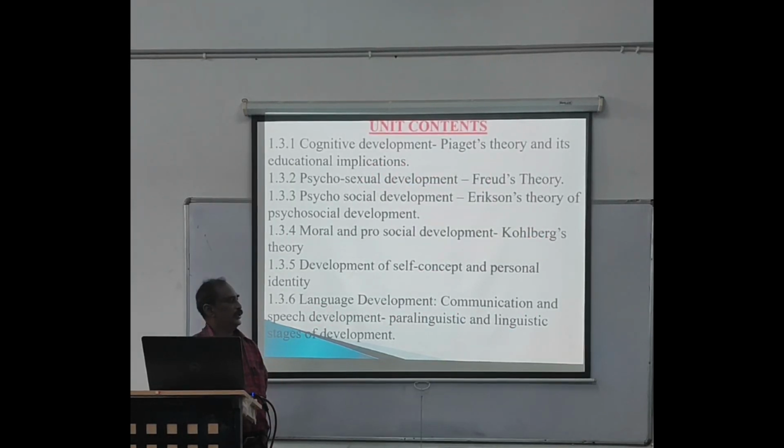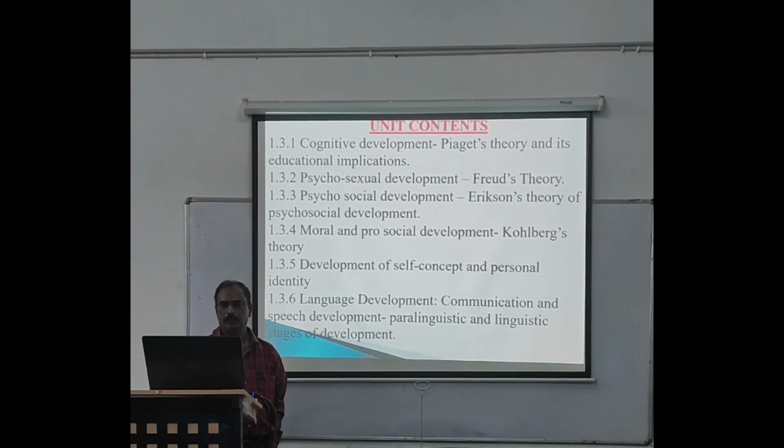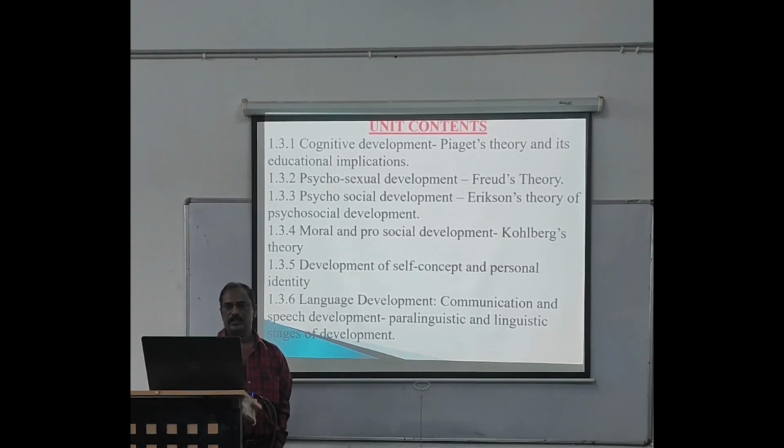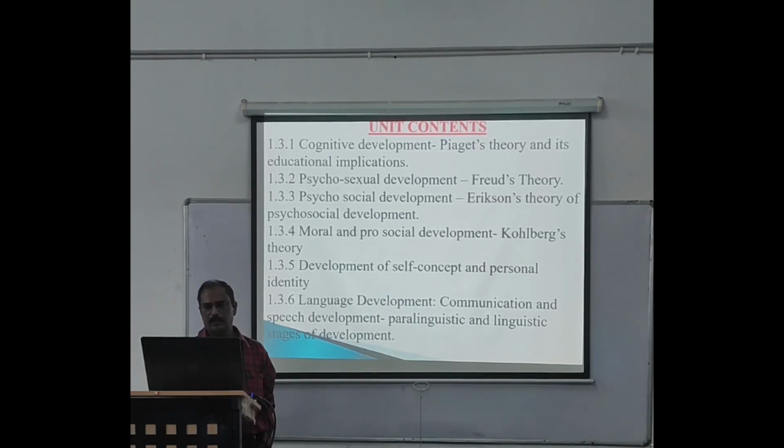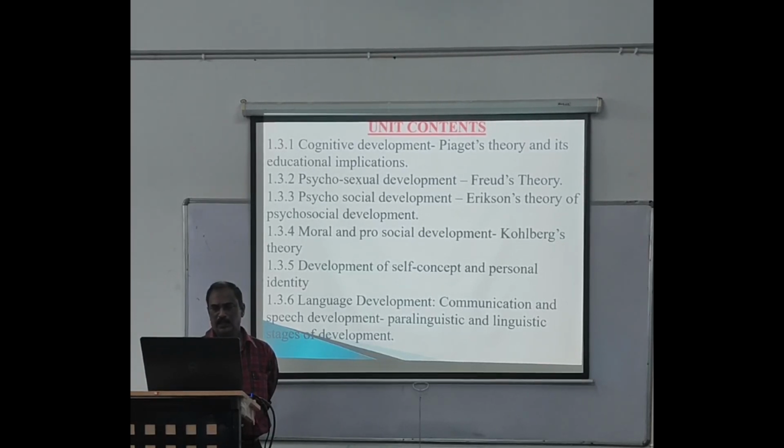This unit contains cognitive development, Piaget's theory and its educational implications; psychosexual development explained by Freud's theory; psychosocial development, Erikson's theory of psychosocial development; the fourth content, moral and pro-social development by Kohlberg's theory; development of social concept and personal identity; and the sixth part, language development, communication and speech development, paralinguistic and linguistic stages of development.